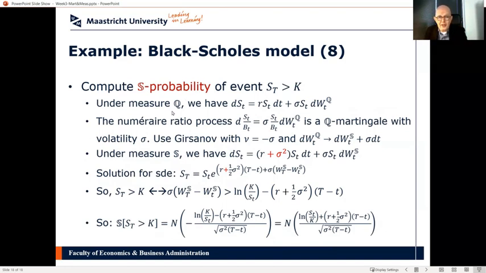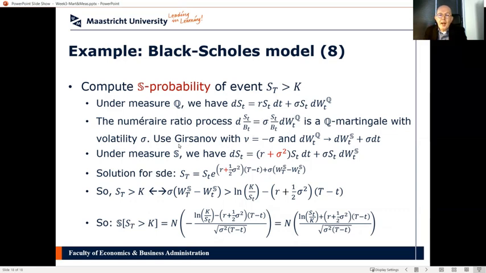So we start under the bank account induced martingale measure, where the stock price follows the process r S dt plus sigma S dW^Q. The numeraire ratio process S over B is a Q martingale, because that's the definition of the Q measure. Therefore, the volatility of the numeraire ratio process is sigma.